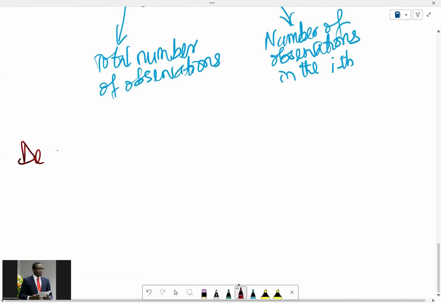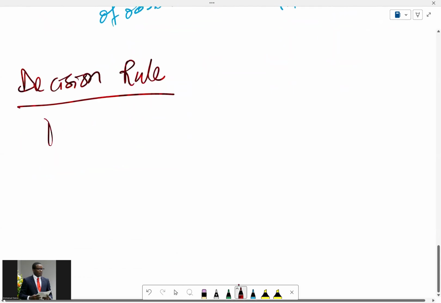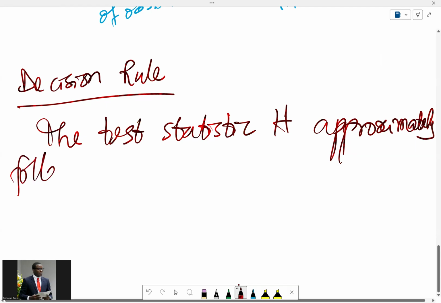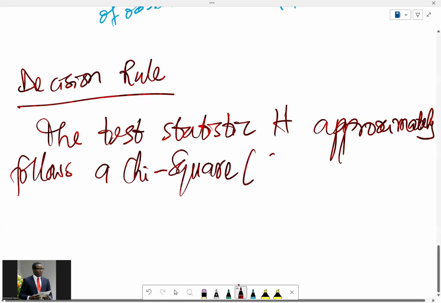What's the decision rule for the Kruskal-Wallis test? The test statistic H approximately follows a chi-square distribution. Interestingly, the next video after this is the chi-square test.